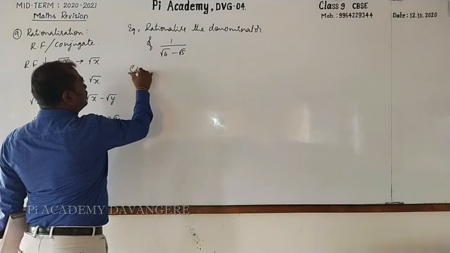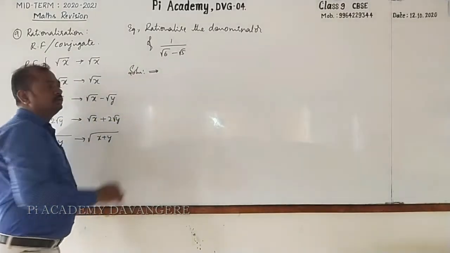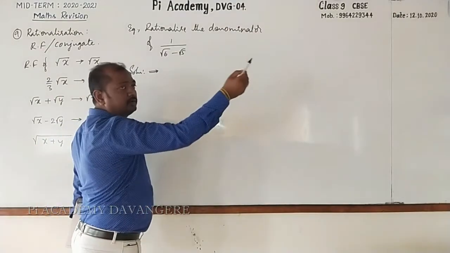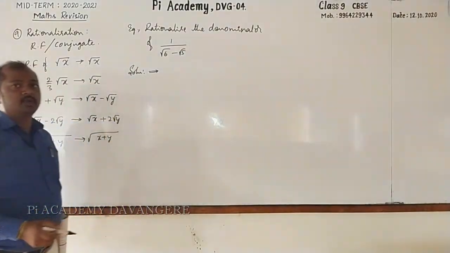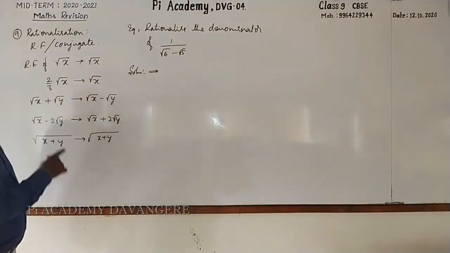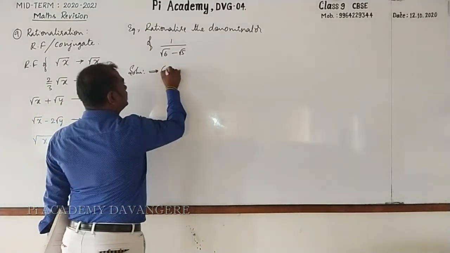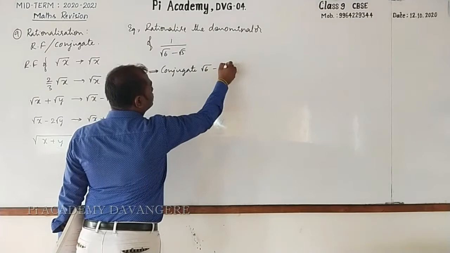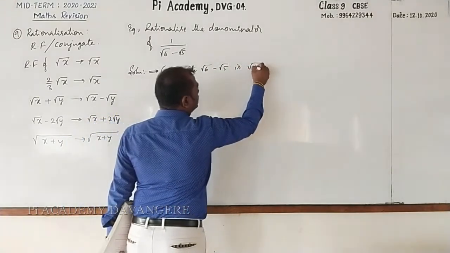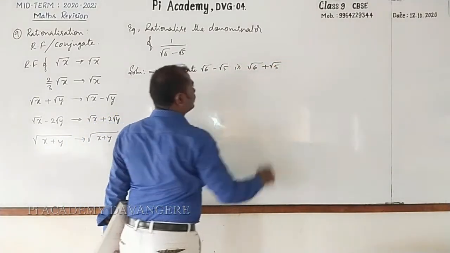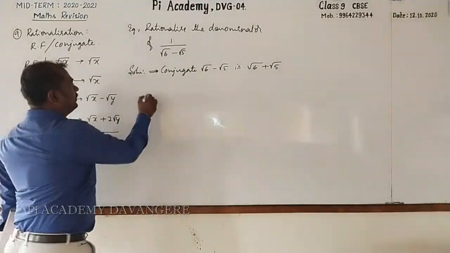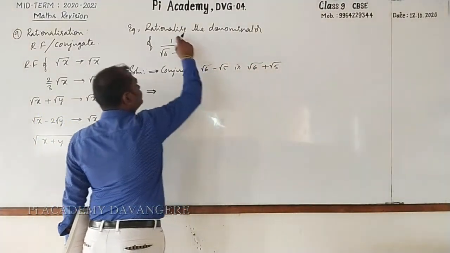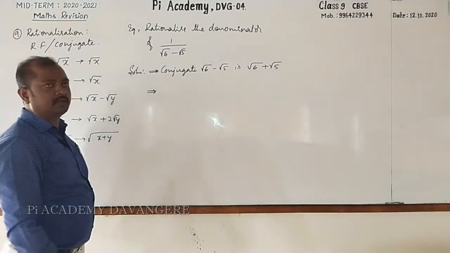First, what you will do? Very good. You are going to convert the denominator into a rational number. So you have to take the conjugate of the denominator. What is the conjugate of root 6 minus root 5? Very good. It is root 6 plus root 5. Then multiply this conjugate to the numerator as well as the denominator of the given number.